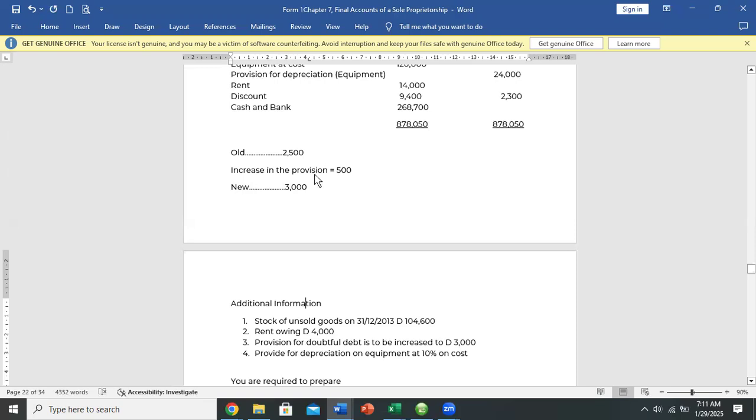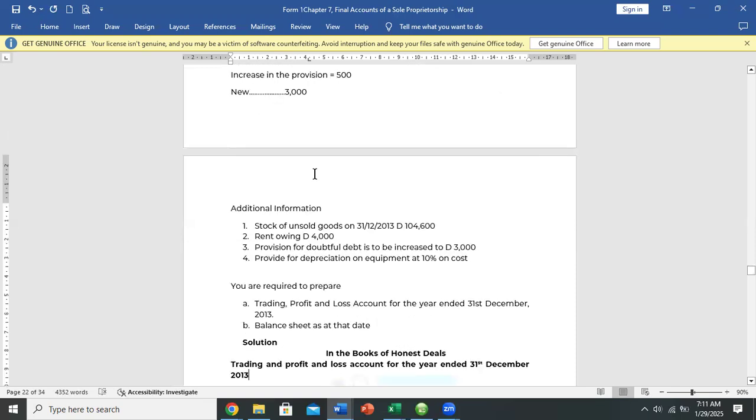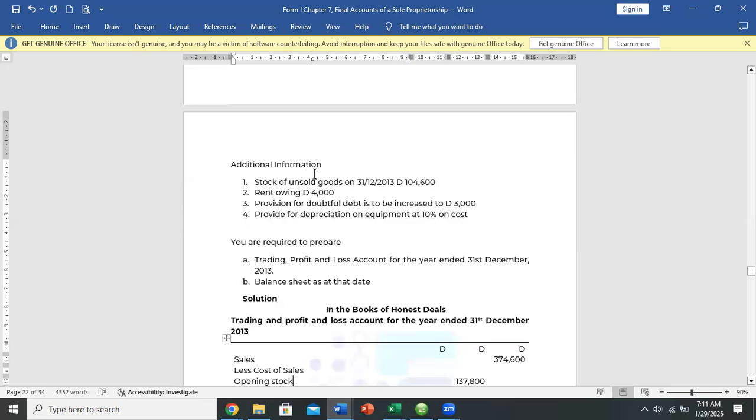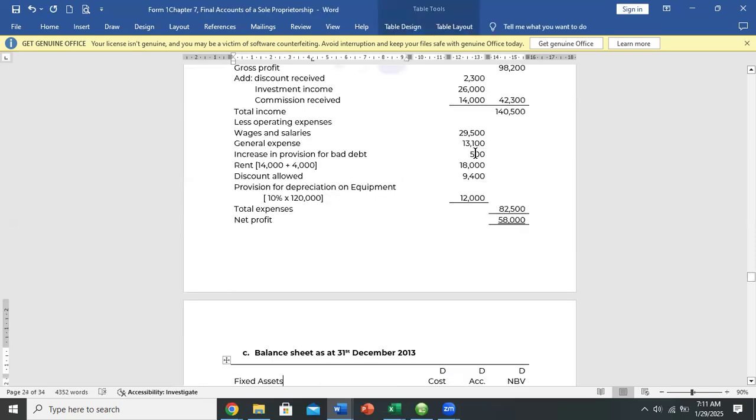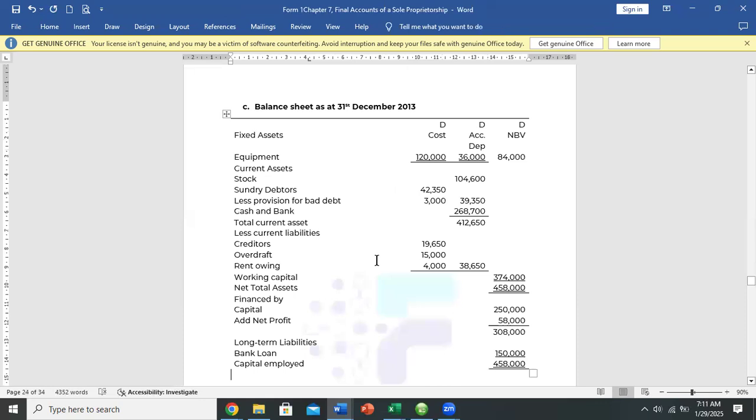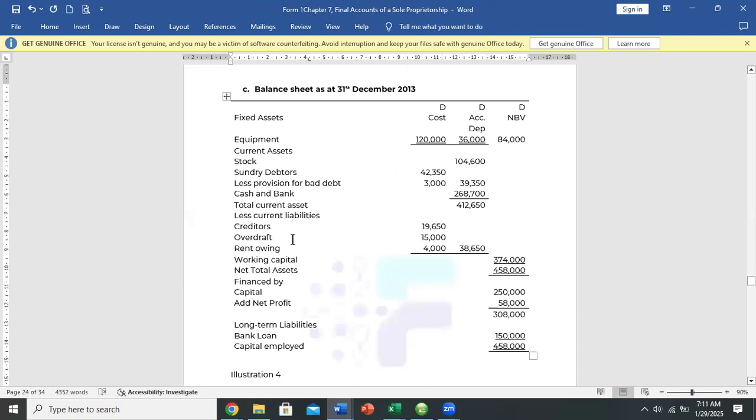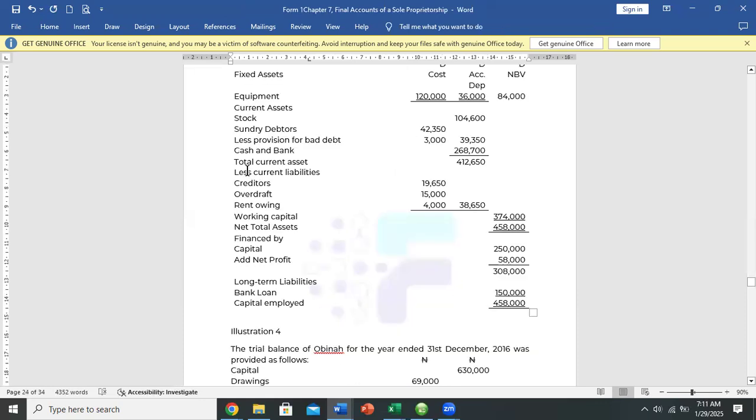Please, any questions on this? So let me demonstrate that to you here in the solution. You see provision or increase in provision 500 as part of our operating expenses. Then when you come to the balance sheet, the new provision, which we saw to be 3,000, you see it here being deducted from the debtors figure.